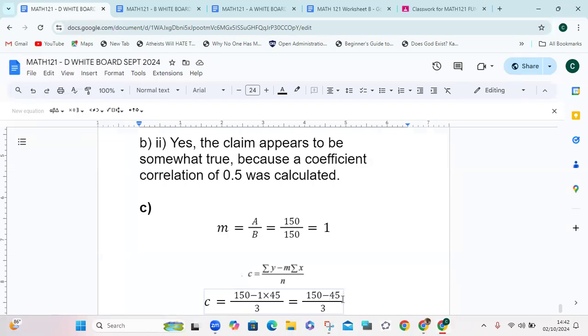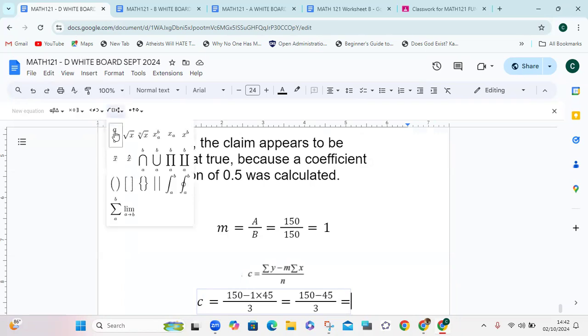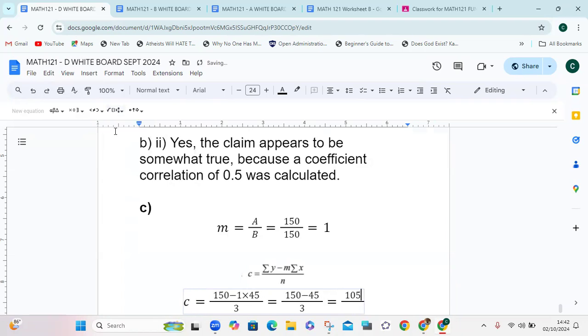So we have 150 minus 45 is 105 divided by 3. What's 105 divided by 3? 35.